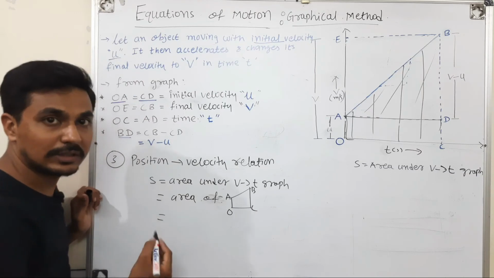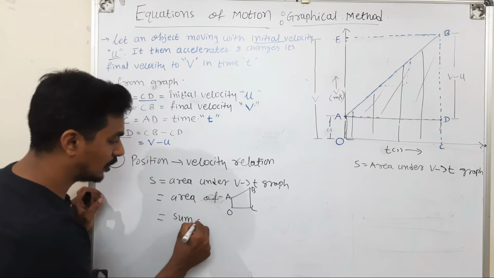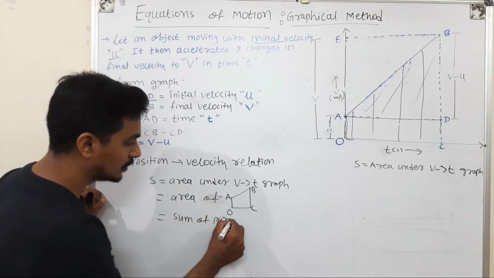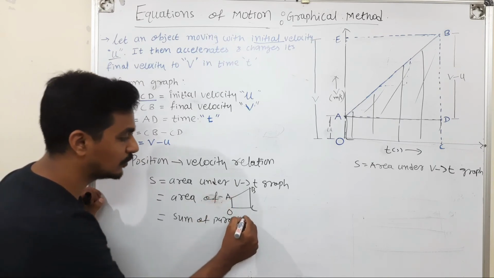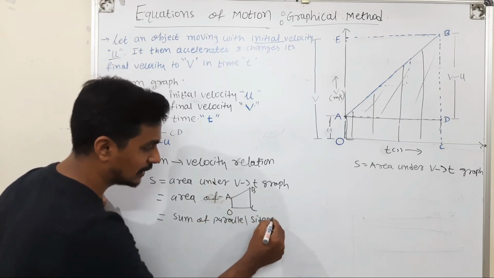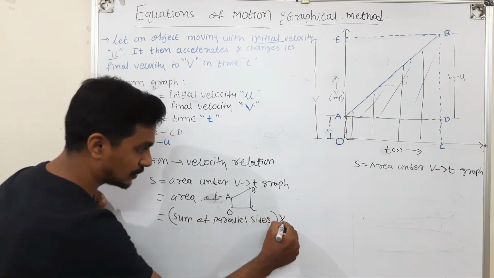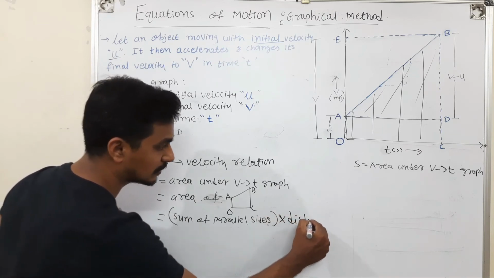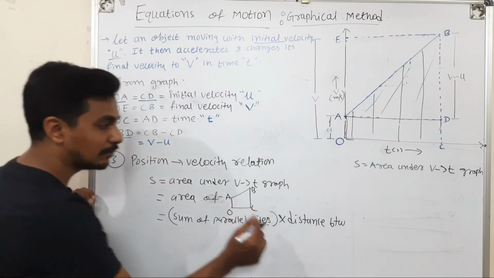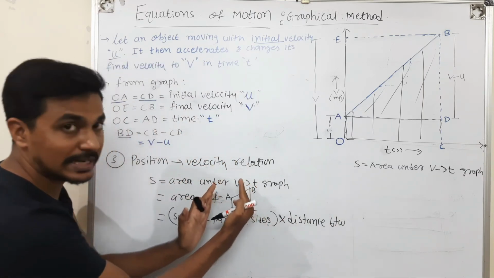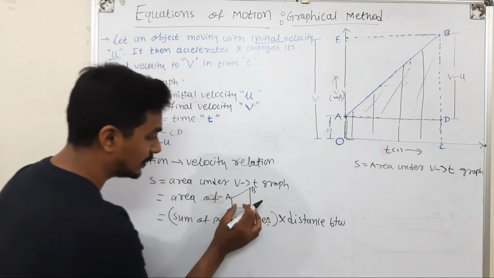So what is the formula of the trapezium? Area of trapezium is equal to the sum of parallel sides into the distance between parallel sides, divided by 2. See, these two sides are parallel to each other, so we need to add them and then multiply with the distance between them.